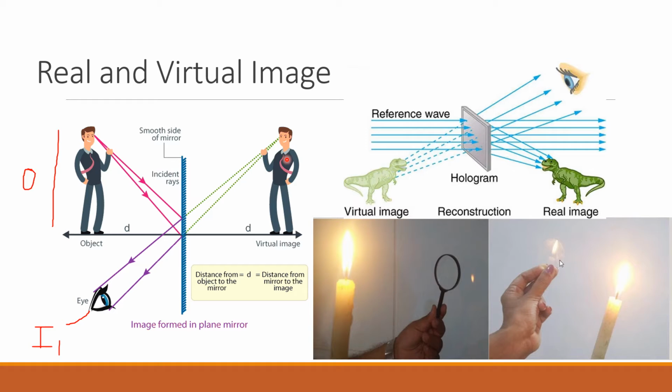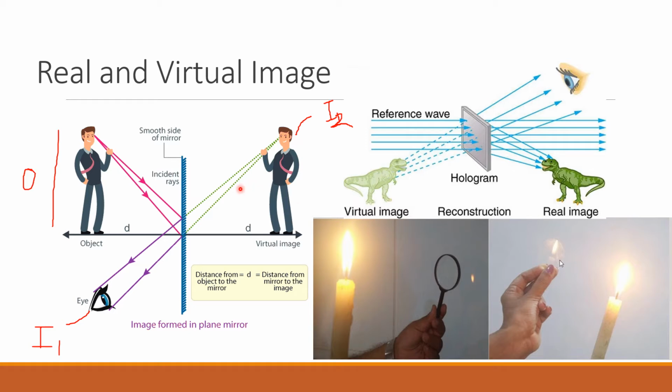Or I'll say this object forms a second image, a virtual image. So this is your image I2. Fine.